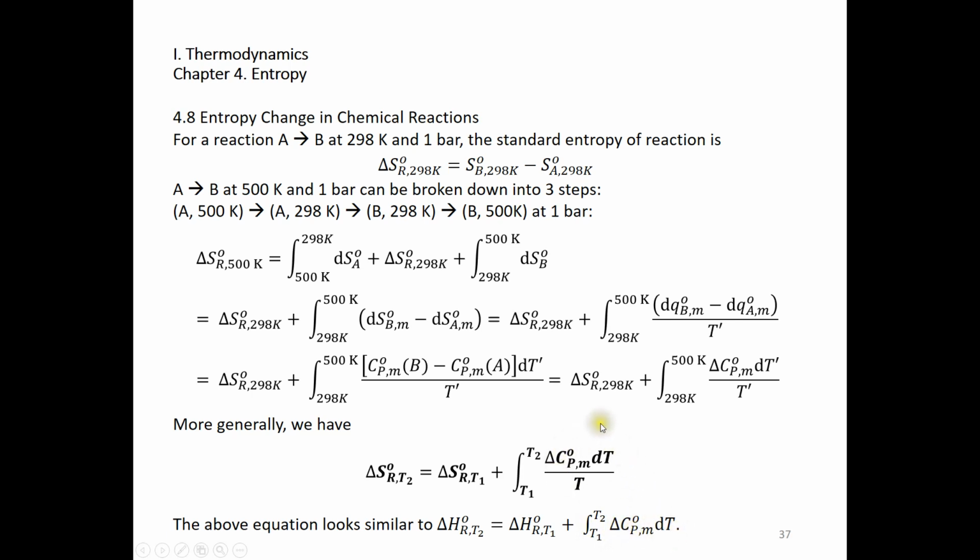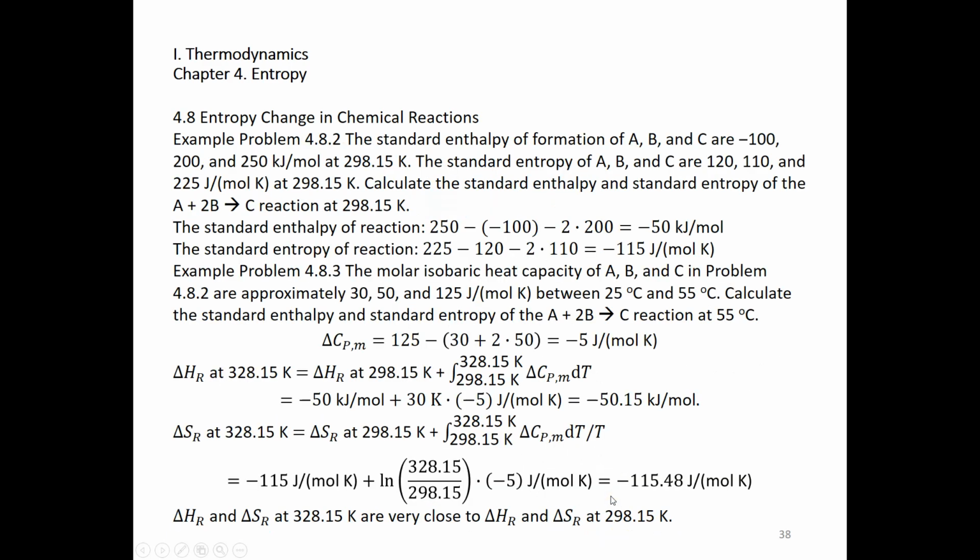For entropy, we integrate delta CPM dT over T. So this is the only difference. By deriving this equation for enthalpy at different temperatures, we can have a similar derivation for the standard entropy of reaction at different temperatures. Again, these 2 equations look awfully similar to each other.